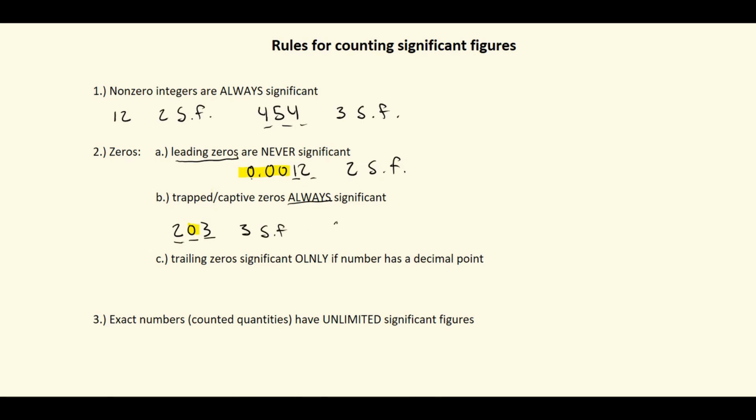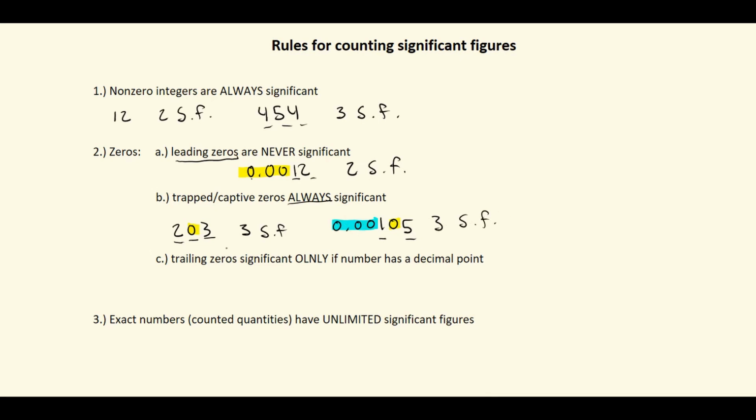And then if we had a number like 0.000105, then we see that we have leading zeros, we have a trapped zero, and then we have 2 integers. So we know that the leading zeros are not significant. However, the integers and the trapped zero are, so this number has 3 significant figures.